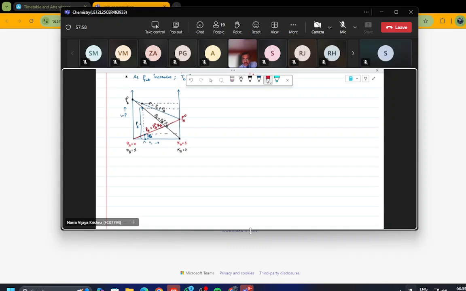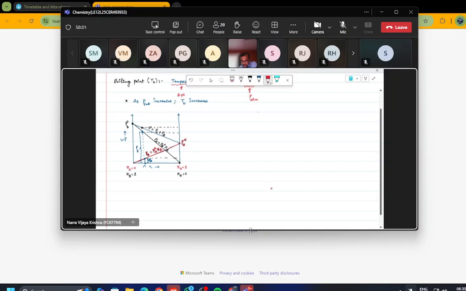Try to understand, listen carefully. Instead of plotting a graph between vapor pressure versus mole fraction, now I am plotting a graph between boiling point versus mole fraction. Now tell me how the graph is.